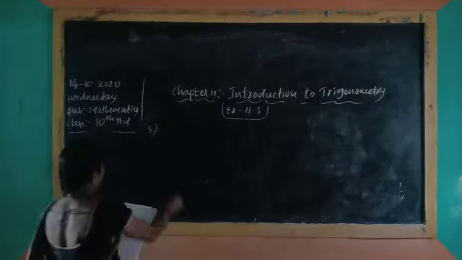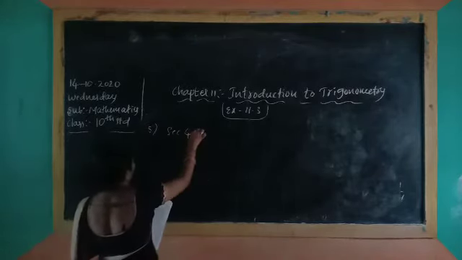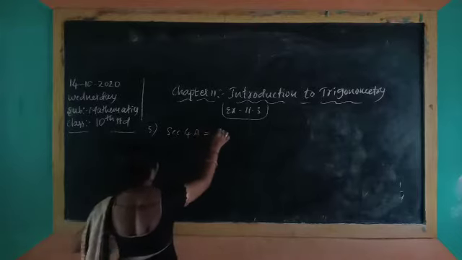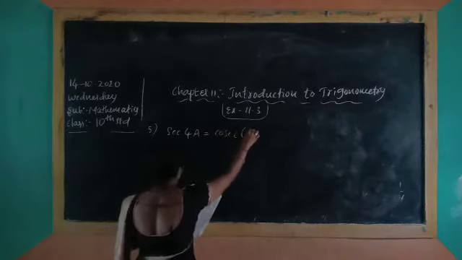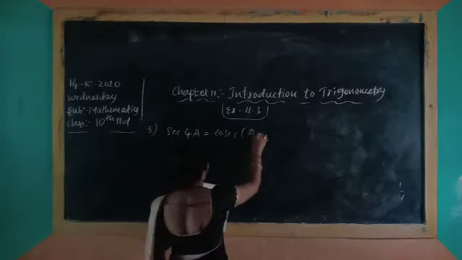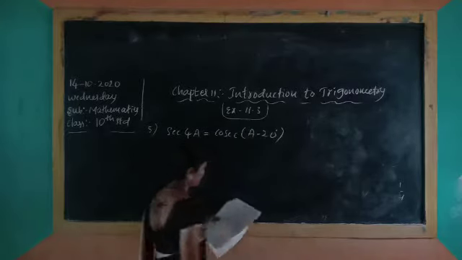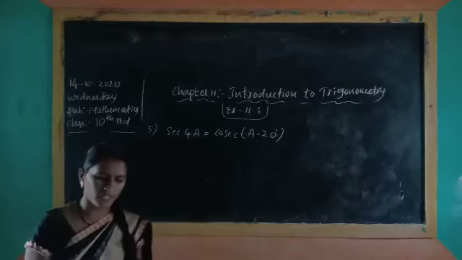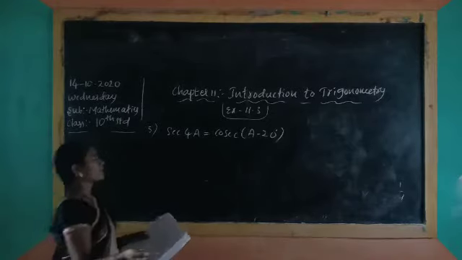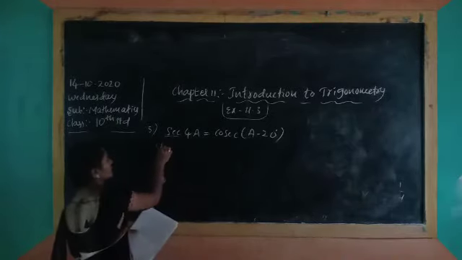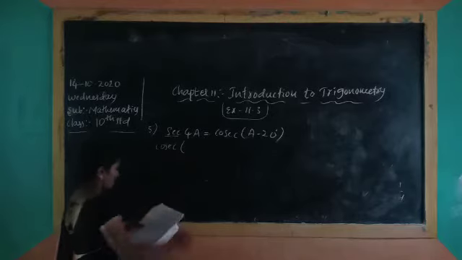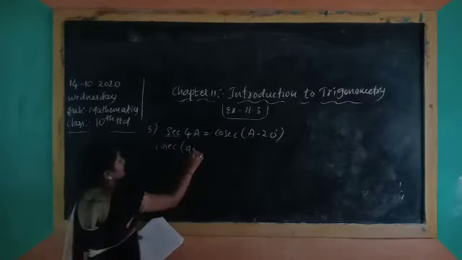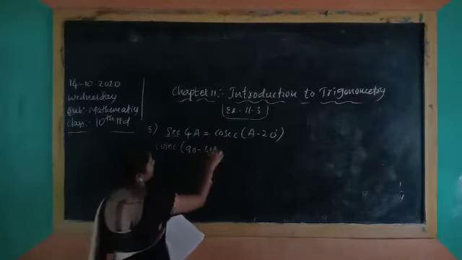Here secant 4A is equal to cosecant (A minus 20 degrees). Cosecant is given, and you already know secant can be written in terms of the complementary angle: secant is cosecant of (90 degrees minus the angle), which is 4A.